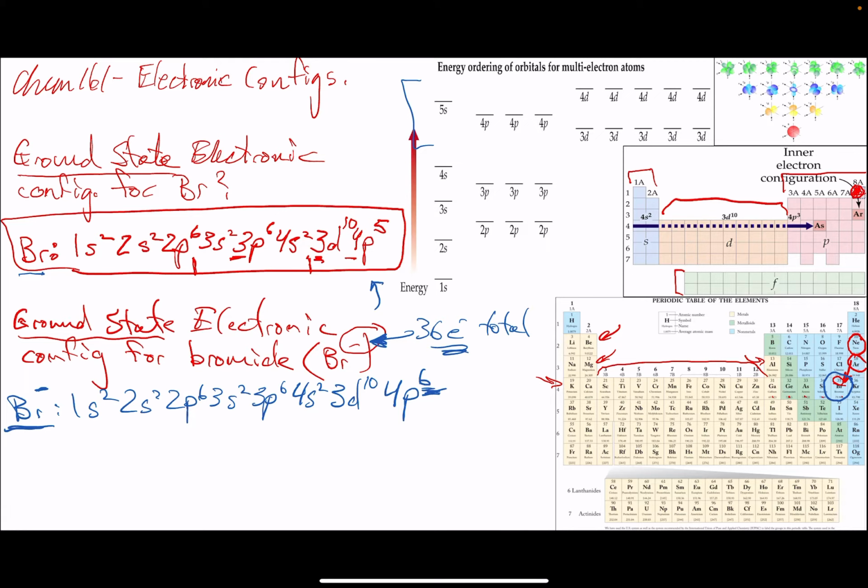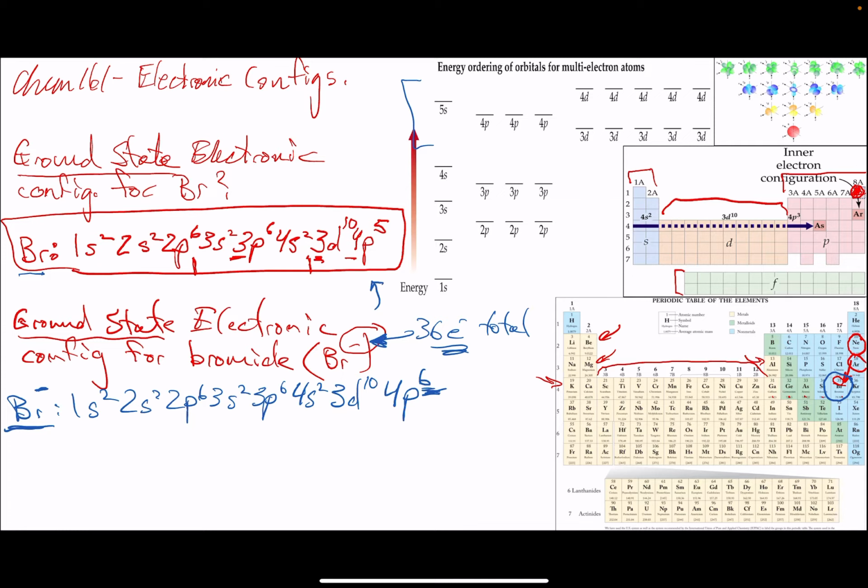And so what we do to help us show that there's core electrons that are quite unreactive, and that there are electrons at the higher energy levels that are reactive, is we use the nearest completed noble gas electronic configuration to help us for our shorthand.